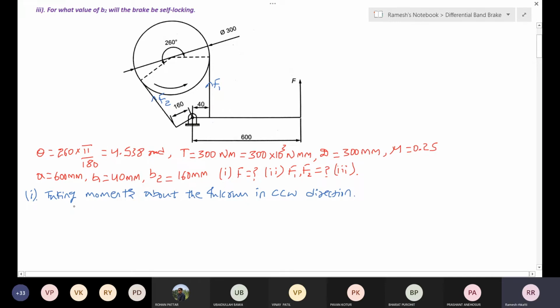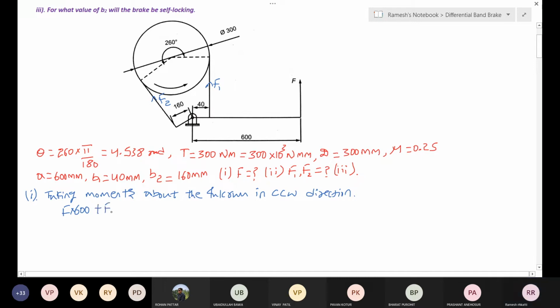Now, taking moments about the fulcrum in counterclockwise direction. Therefore, it is vertical load into perpendicular distance. Vertical load is F multiplied by 600. F into 600. Anti-clockwise we have taken as positive. And F1 is also rotating in anti-clockwise, so we take it as positive.